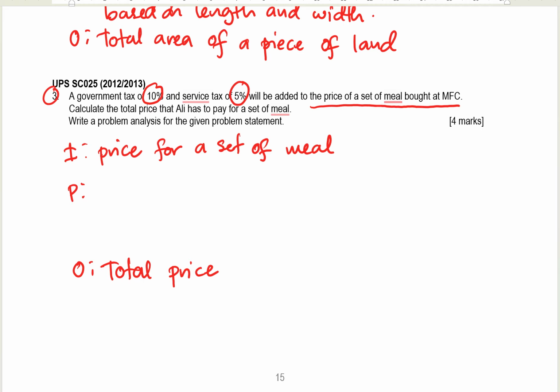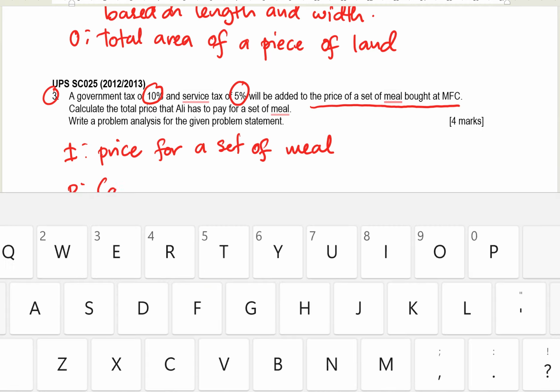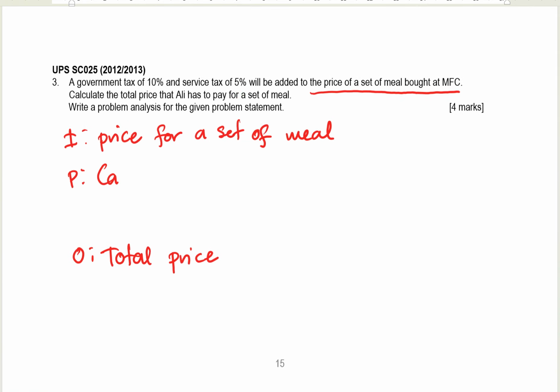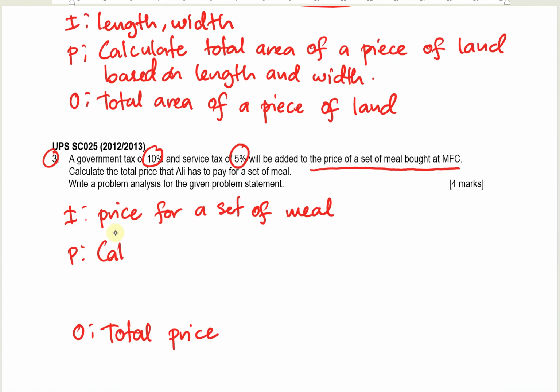Okay, so how about the process? So we are going to calculate what? So you are going to calculate the total price based on what?